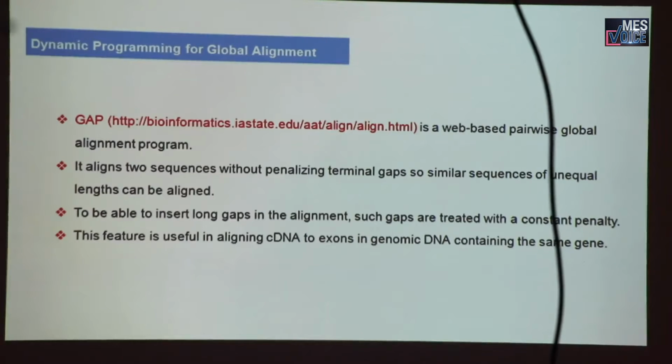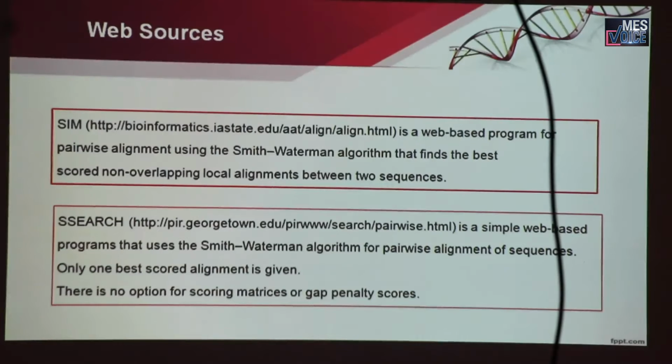See, this GAP, G-A-P, is a web server. It is a web-based, pairwise, global alignment program. It uses dynamic programming. These are some other web sources, like SIM. It is a web-based program for pairwise alignment using the Smith-Waterman algorithm.